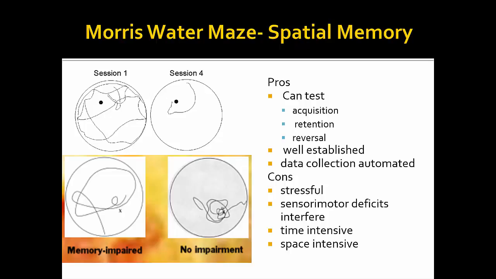And what they actually found out was that it wasn't really the Alzheimer's phenotype that was causing that, it was their eye vision. Because they have to have spatial cues around the room to be able to see and remember where the platform is. And so what they found out is that they had degenerative eye disease, and so they couldn't see those cues around there. So that's one of the things that you have to take into consideration.